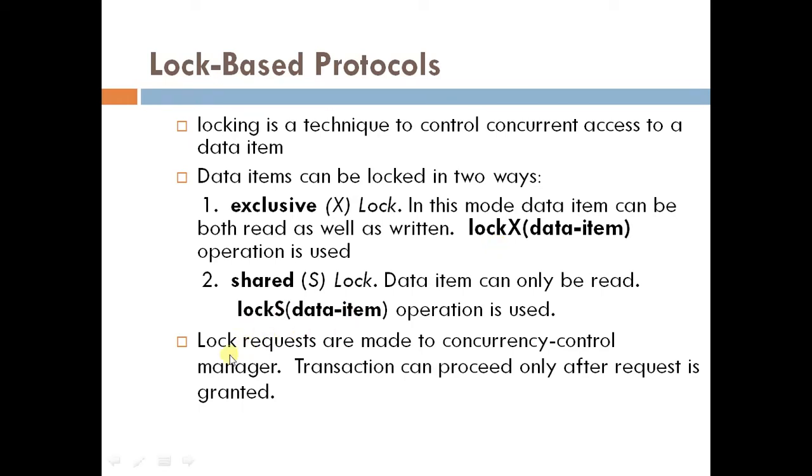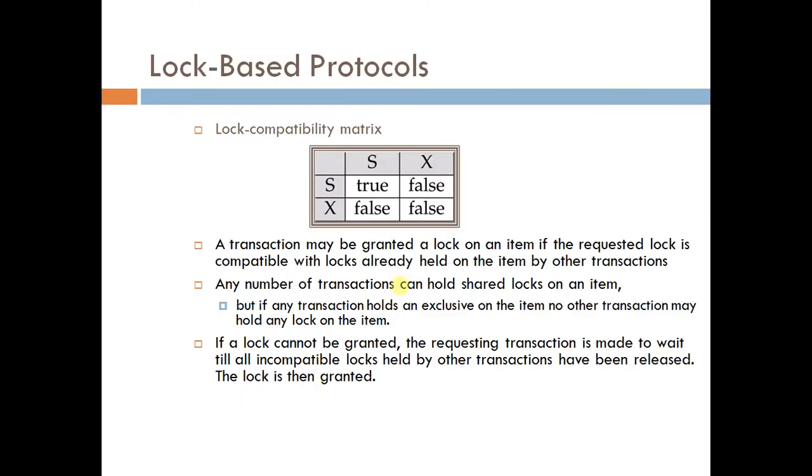As you can see, lock requests are made to the concurrency control manager, and a transaction can move ahead only if the lock is granted. Now, with this understanding, you can see this matrix, which means that if an item already has a shared lock and another transaction demands shared, it can be given.